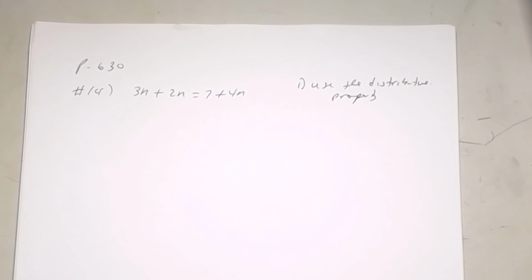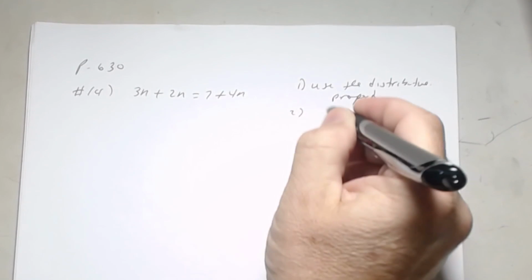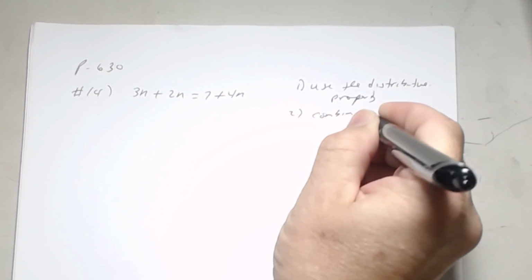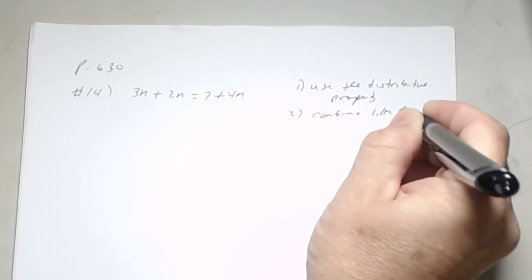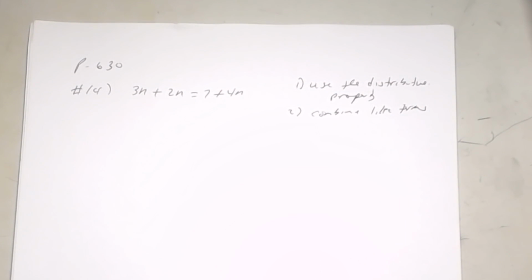Parentheses. I don't have any here, but if I did, that's the first thing I would do. Second step, once you do the distributive property, chances are, not always the case, but chances are you're going to combine like terms next. So the next step is to combine like terms if possible.